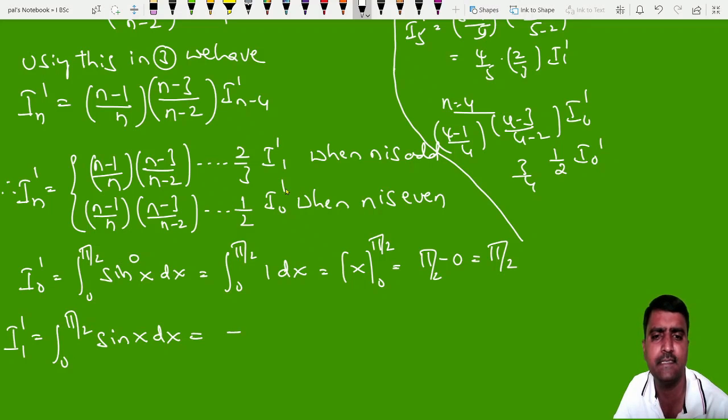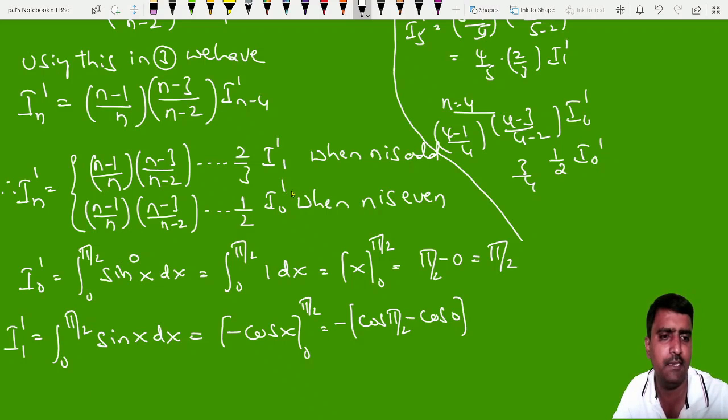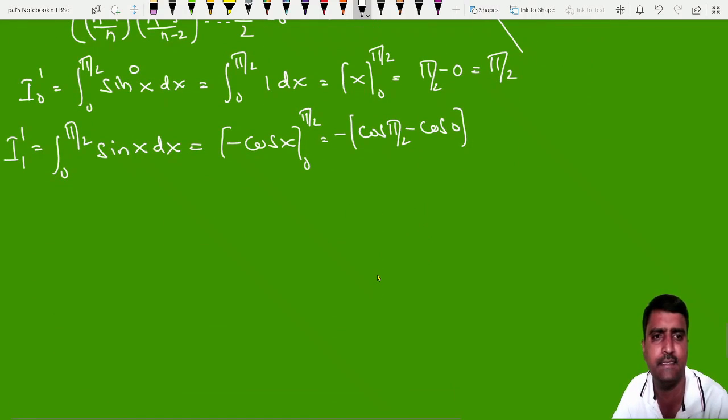Integration of sin x is minus cos x with the limit 0 to pi by 2, which is equal to minus of, apply the limit, cos pi by 2 minus cos 0. What is the value of cos 0? Cos 90 is 0. So it is equal to minus of 0 minus 1, because cos 0 is 1, which is equal to 1.